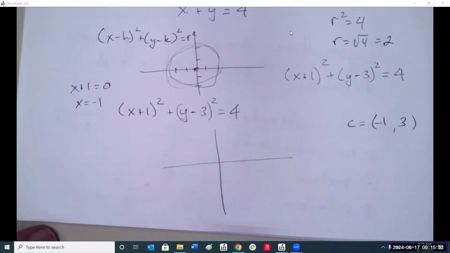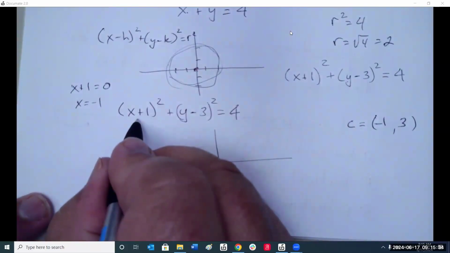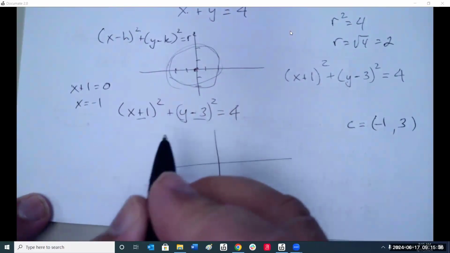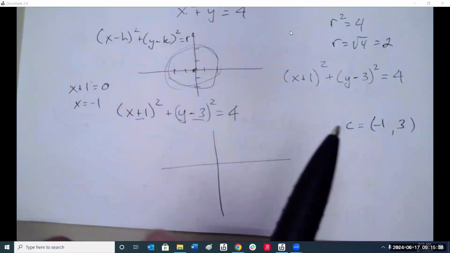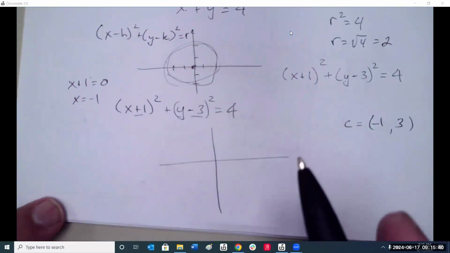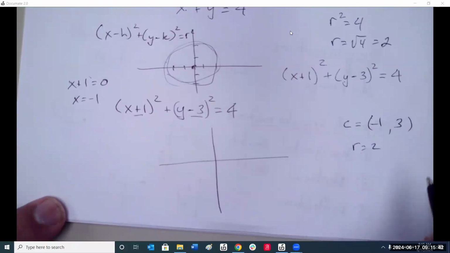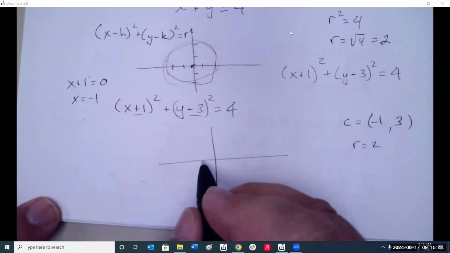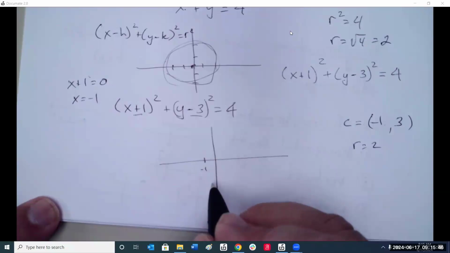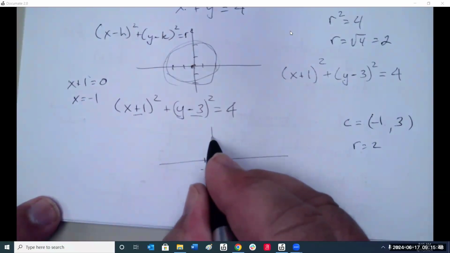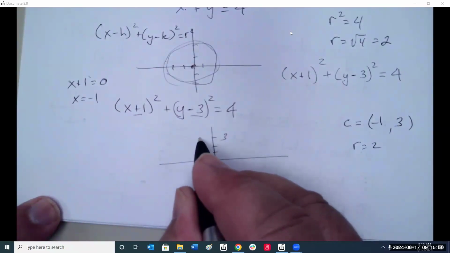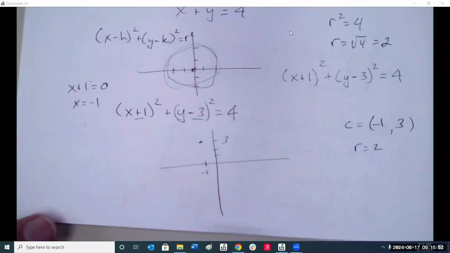That's how you found it. And your shortcut, it's the opposite of whatever, because when you solve it, it's always the opposite. And the radius is 2. So what this thing says is go left 1 and up 3. There's our new center.